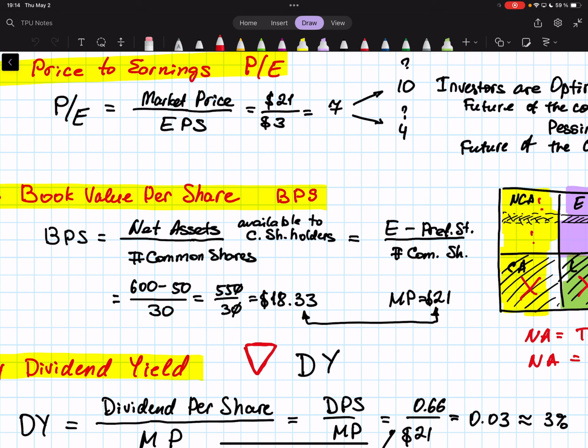So a high market price, when the market price is above the book value, is a good sign. But also, if the situation is not so good, the market price below the book value, if you buy at this price, kind of gives you an idea that probably you will get your money back if something goes really, really bad. So it's a stick with two ends. Stick with two ends.